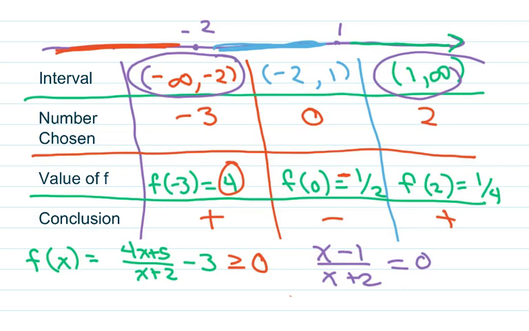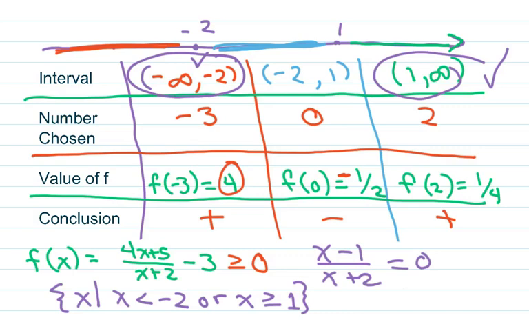So our solution set is x such that x is smaller than negative 2, or x is greater than or equal to 1. Interval notation would be this way: negative infinity to negative 2, or 1 to infinity.